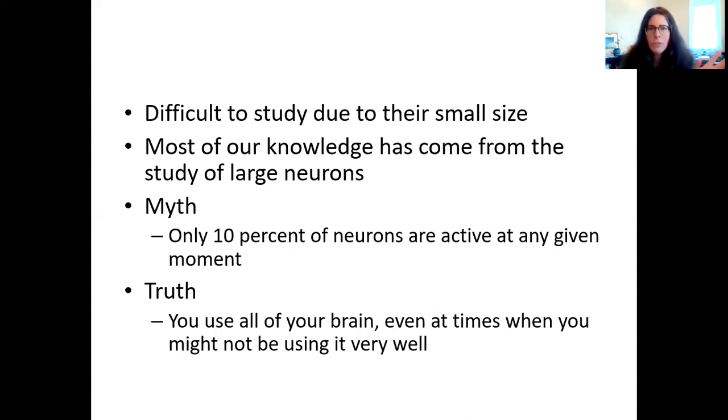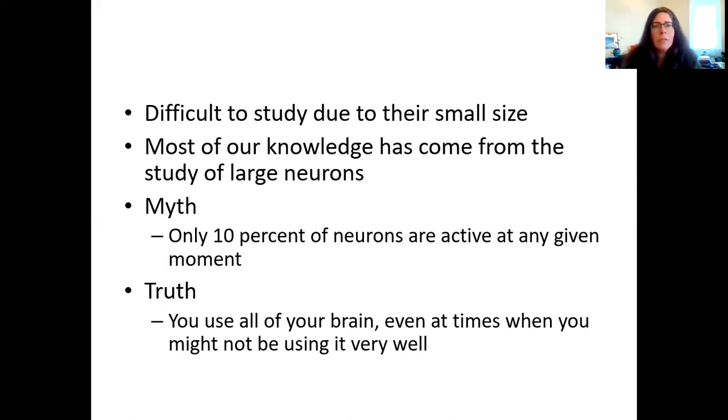Local neurons, interneurons, are difficult to study because they are small. And if you put an electrode in a small cell, you could destroy it. So most of the knowledge that we have has come from studies of large neurons.